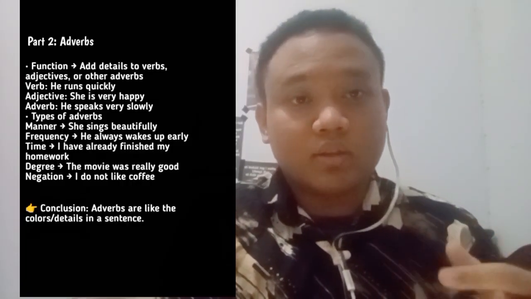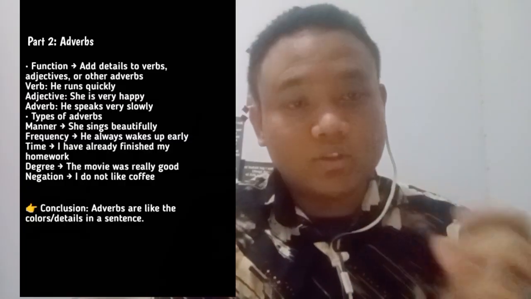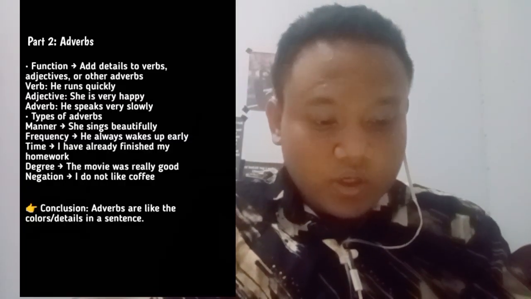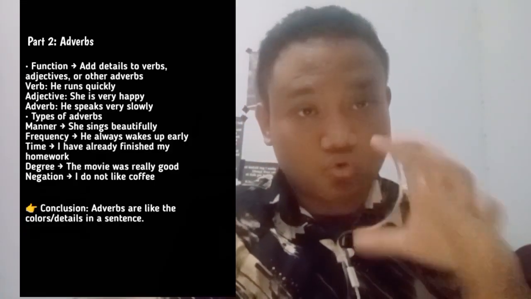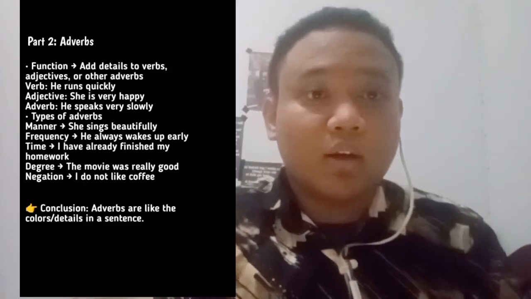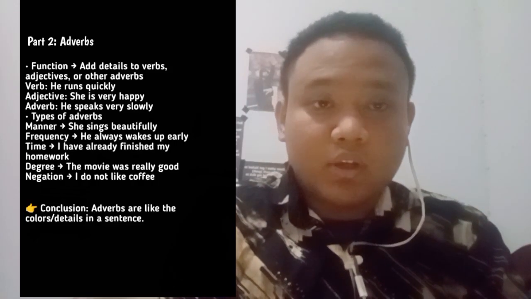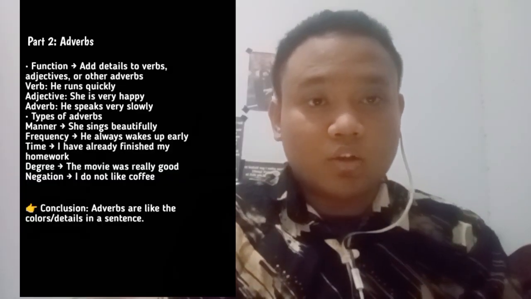So it's like additional information for the verbs, and it makes the information more detailed. For adjectives, she is very happy. The word very makes the adjective stronger. You can underline the very there. It's meant to make happy stronger.